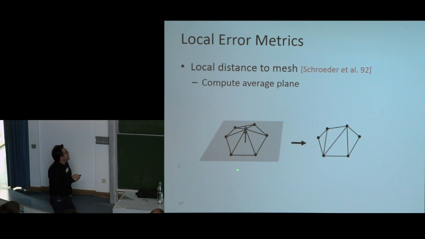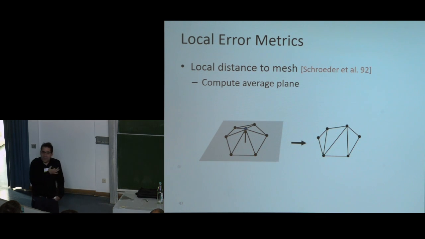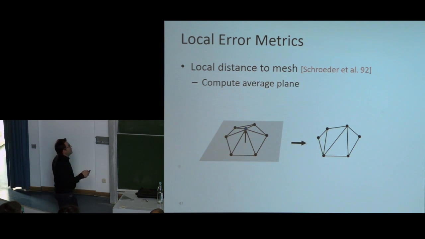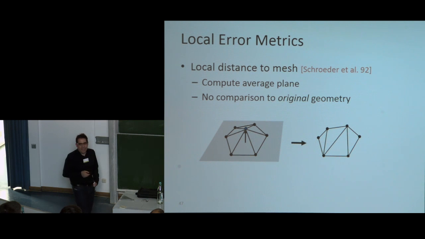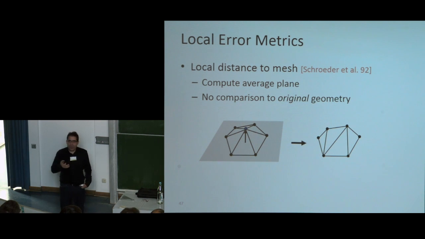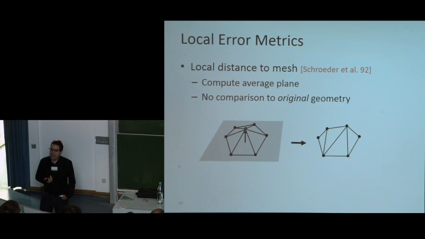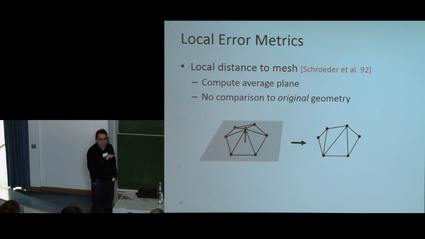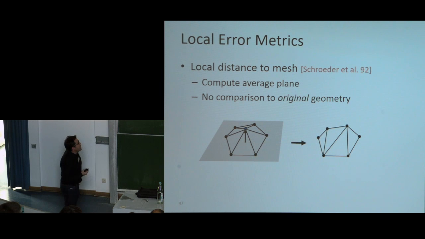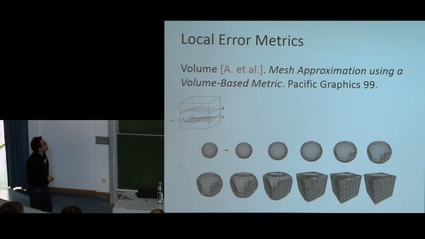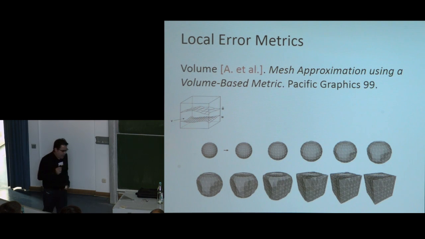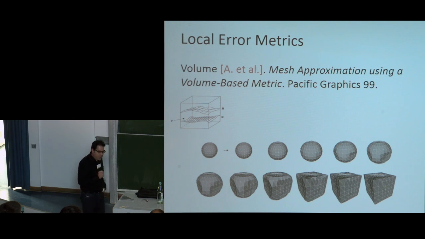Simply, on the neighborhood they were computing the average plane, kind of the fitting plane locally, and measuring the distance to that plane. That means there was basically no comparison to the original geometry. We were always referring to the mesh itself incrementally, so you could really drift and not be able to bound it at all. This is an approximate metric.